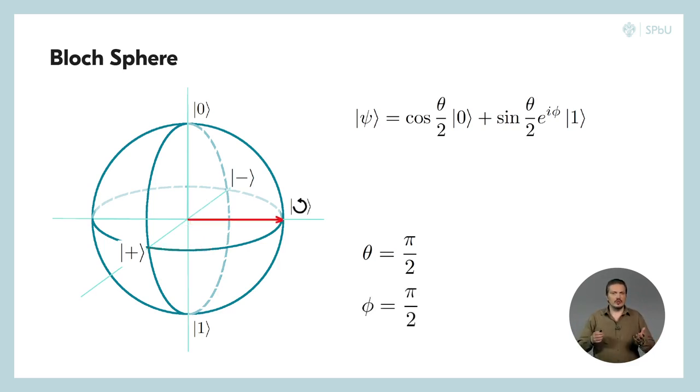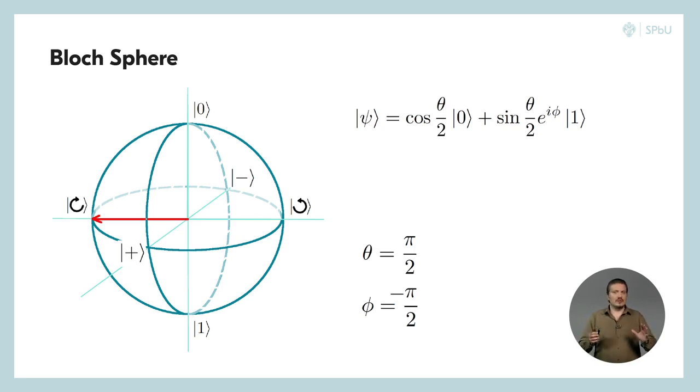When the longitude reaches the angle pi divided by 2, we have the state 0 plus i 1, corresponding to the counterclockwise rotation of the polarization. This is one of the vectors of the rotational basis we discussed in the previous episode. And as you may have already guessed, the opposite point on the sphere corresponds to the clockwise rotation, which is the second vector of the rotational basis.